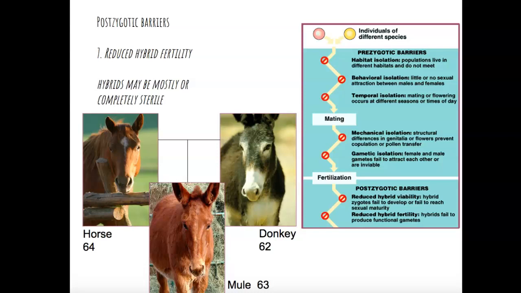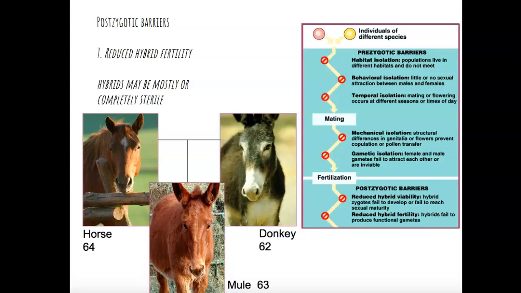And when they create a mule, they have 63 chromosomes. And therefore, when that mule goes through the process of meiosis to create gametes, it's going to have a difficult time, and there's going to be issues with creating gametes that have an appropriate number of chromosomes to be able to then make their own viable offspring, because they have an odd number of chromosomes, and especially in comparison to their parents, their chromosomes are different from either of the parents.